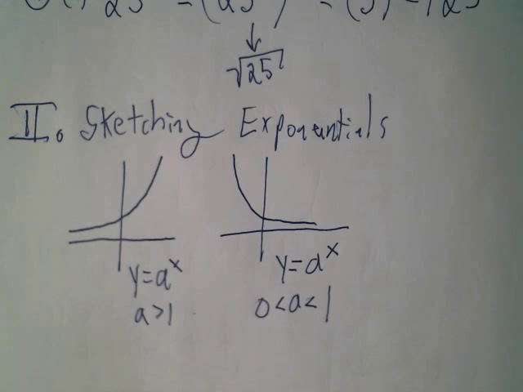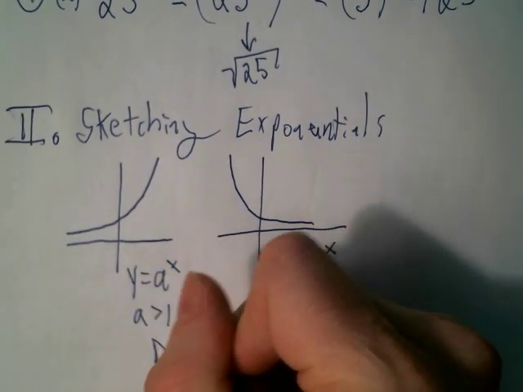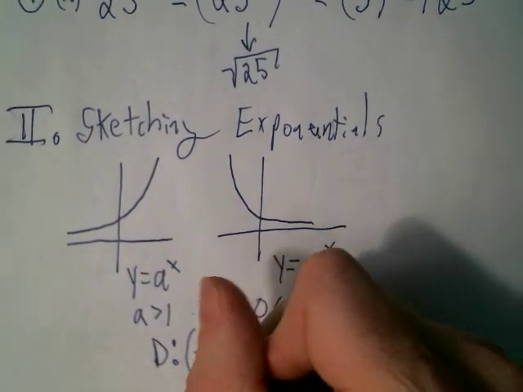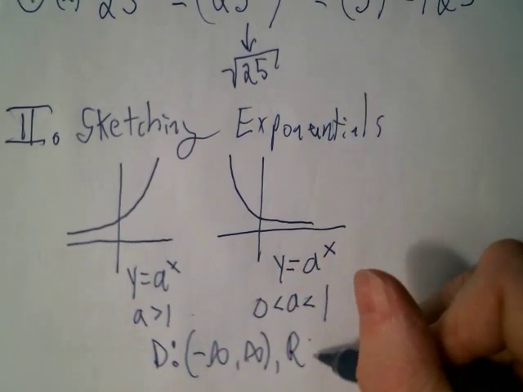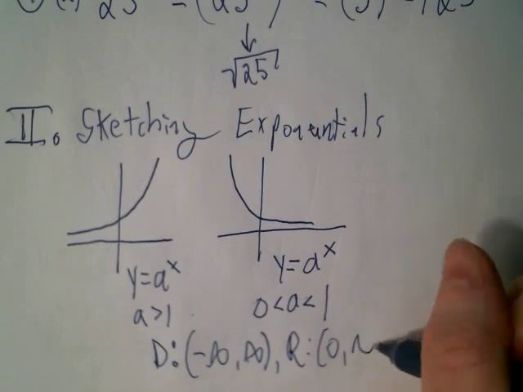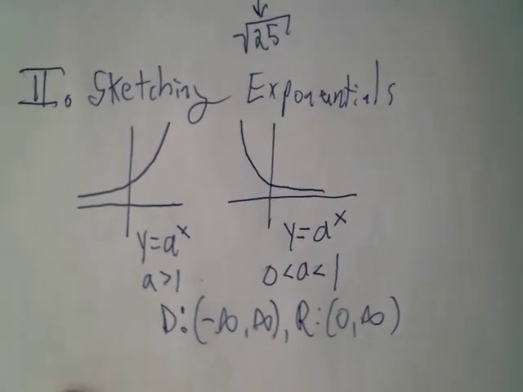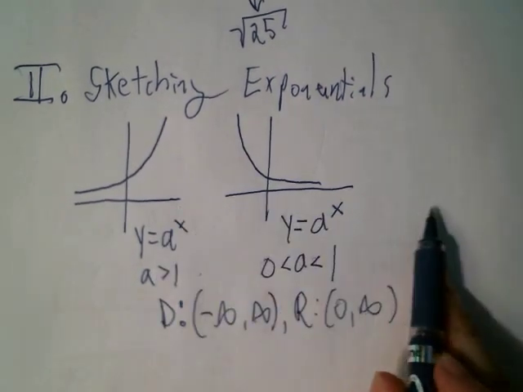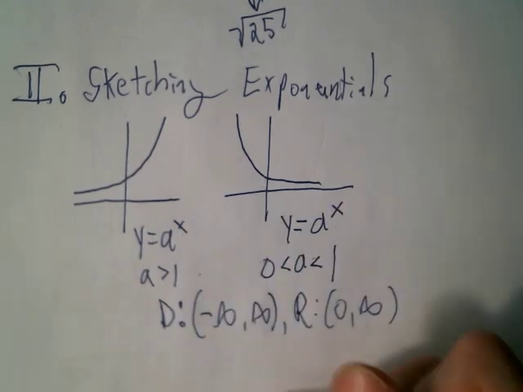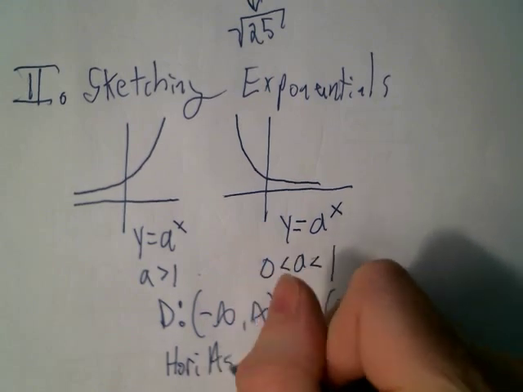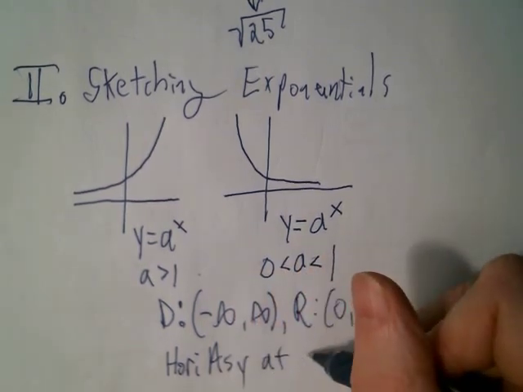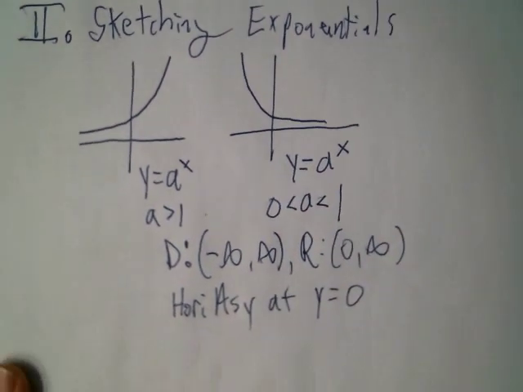And these functions are 1-to-1, which is awesome. The domain, so some technical details here, I guess. The domain is negative infinity to infinity. The range is going to go from 0 to infinity. There is a horizontal asymptote at y equals 0.